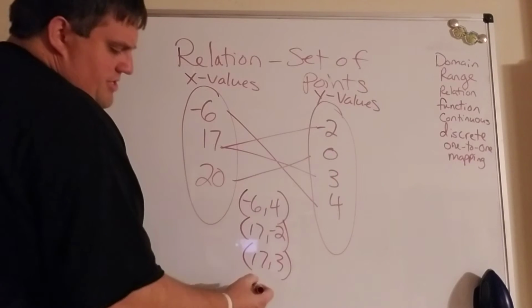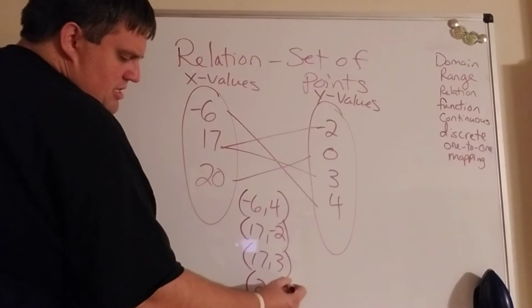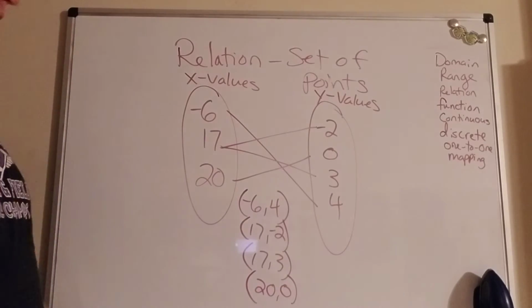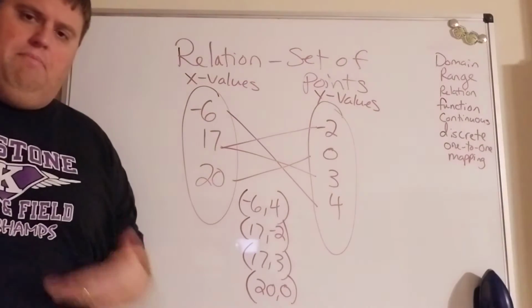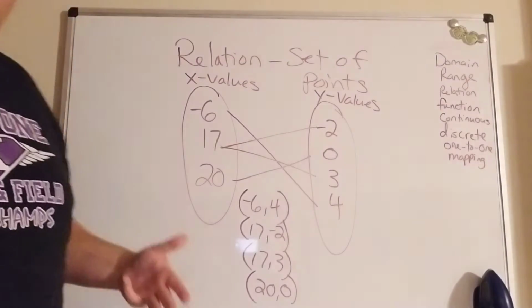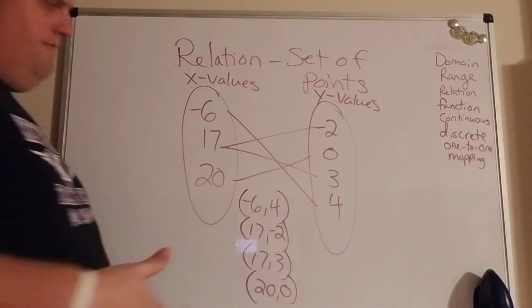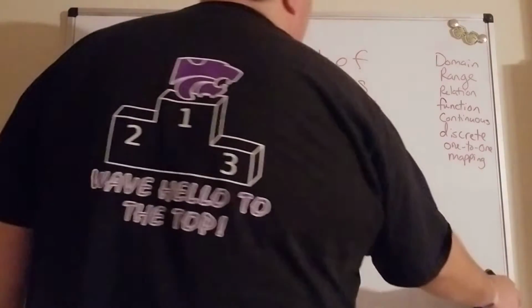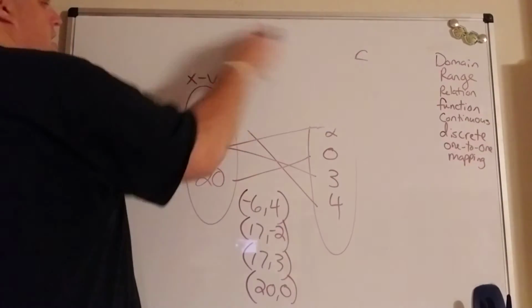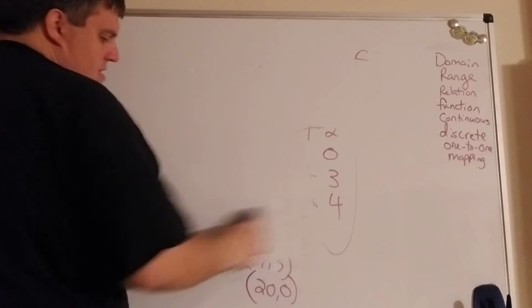And then 20 goes to 0, like so. So a mapping is just another way to write a set of points. It is a relation, just like everything else that we looked at, just a different way to write some stuff. Okay? So, that's a relation.